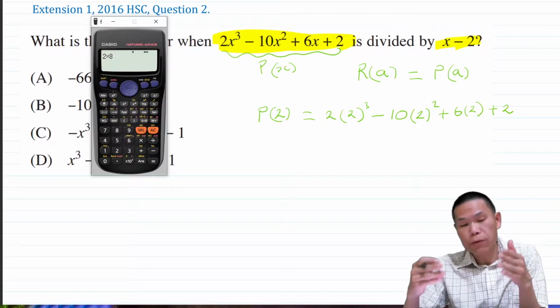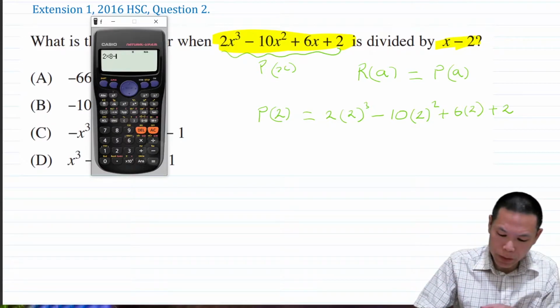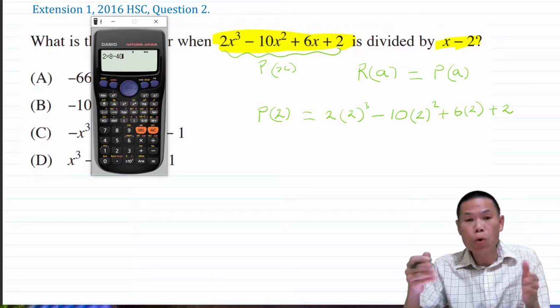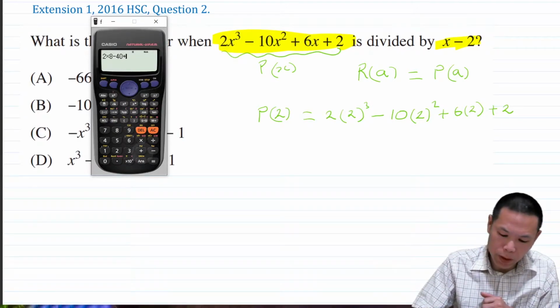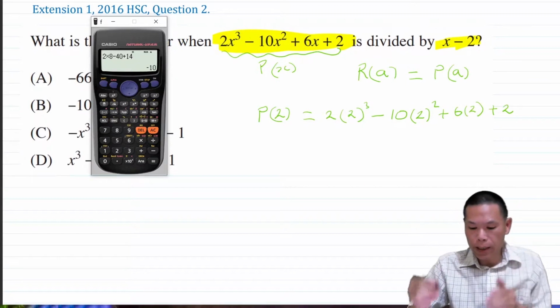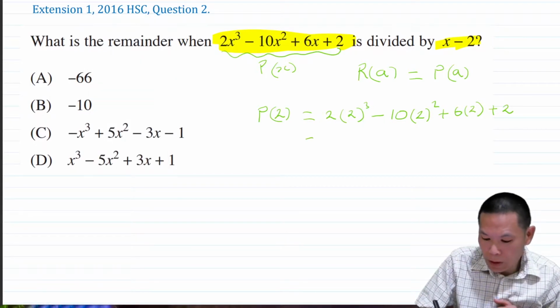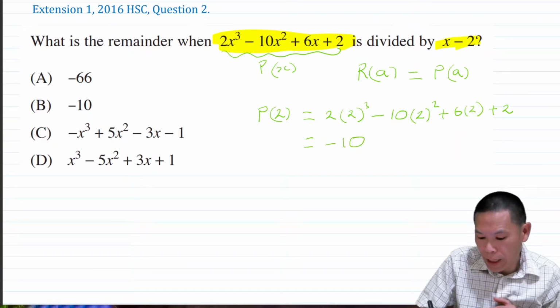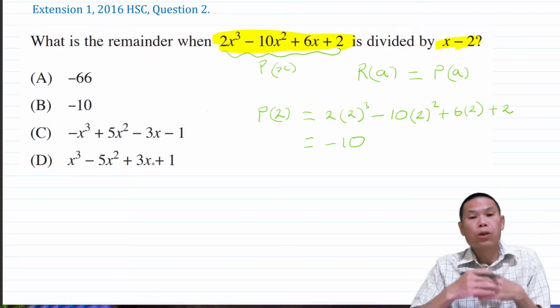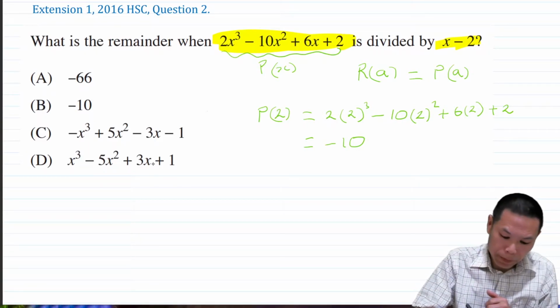Then 2 squared is 4, times 10 is 40, so minus 40. And then plus 12 and plus another 2, so plus 14. There you go. The answer is negative 10. So the remainder is negative 10. So the answer is B.